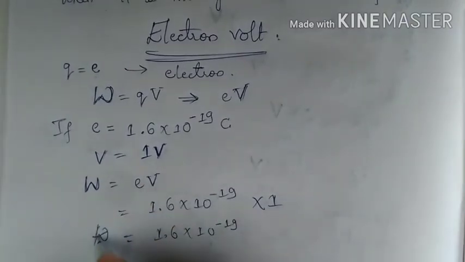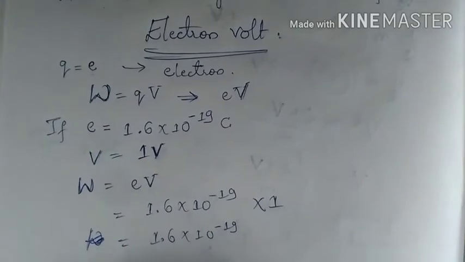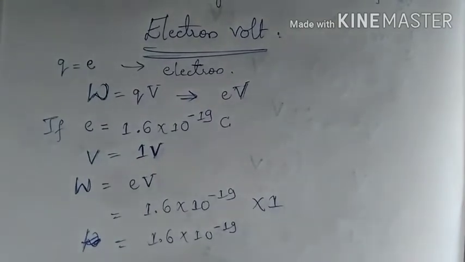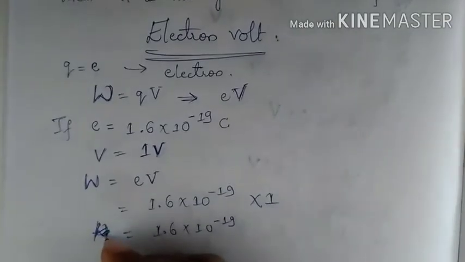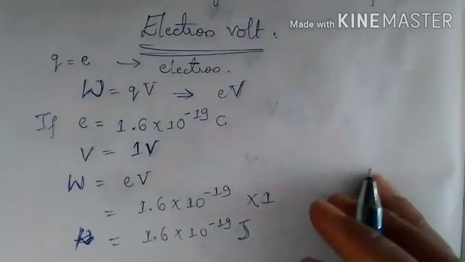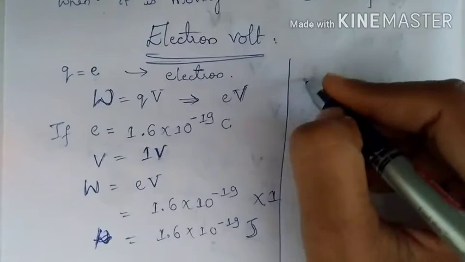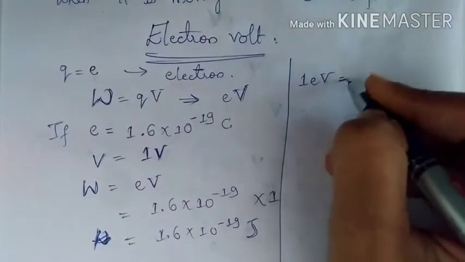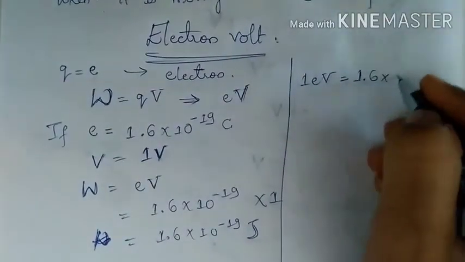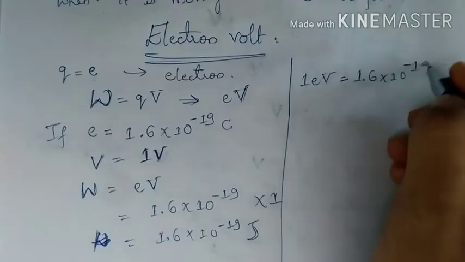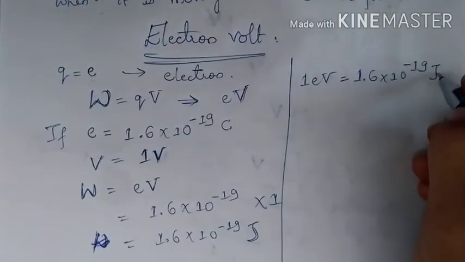So this is 1 eV, and this W is in joule. So if you write 1 eV, you again get the same value, 1.6 into 10 power minus 19 joules.